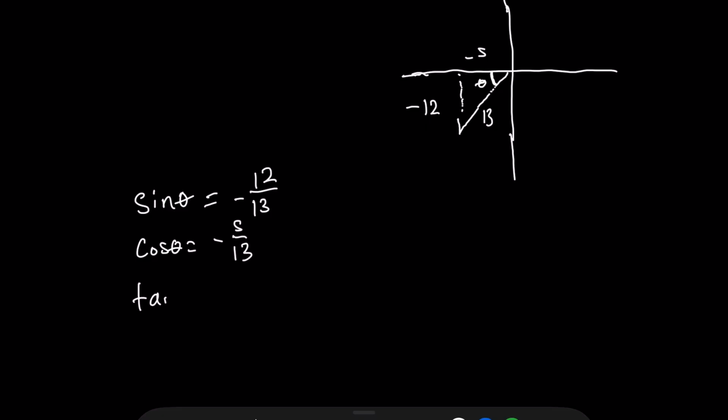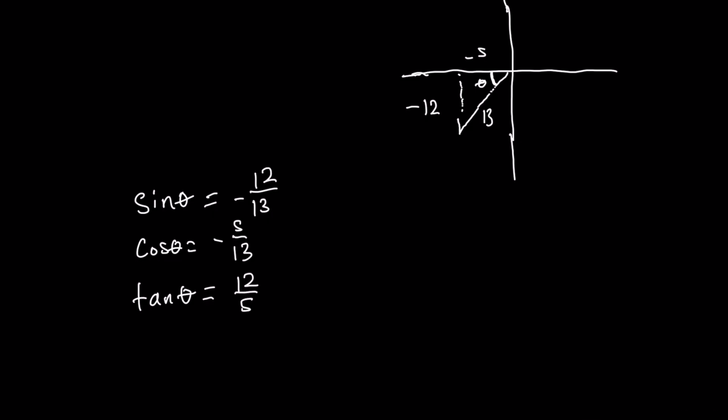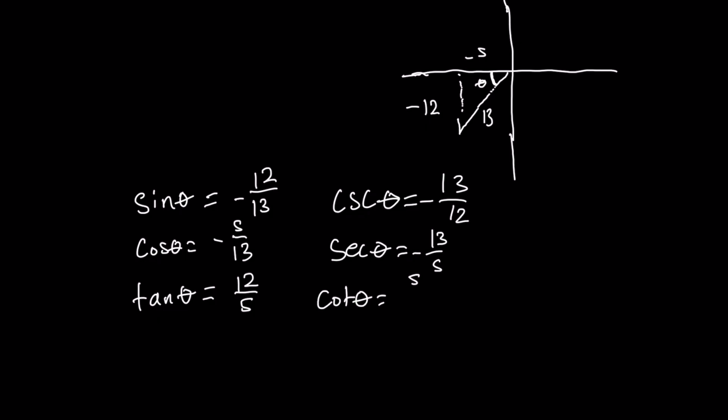Now tangent is actually going to be positive because a negative over negative is going to be positive. And then for everything else, we just flip it. And we're done. That is all.